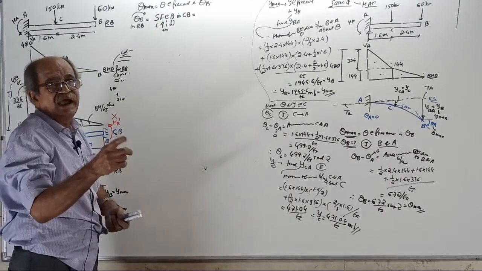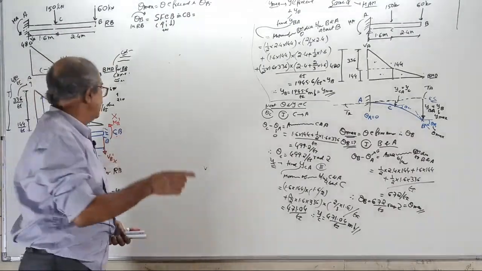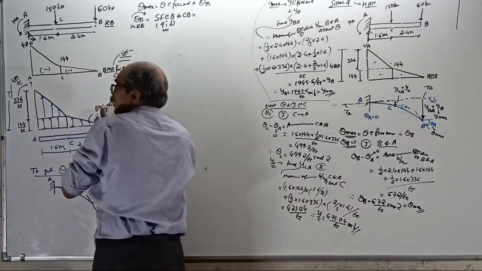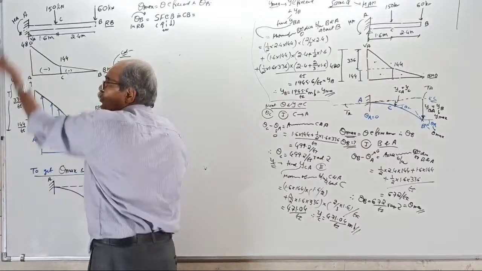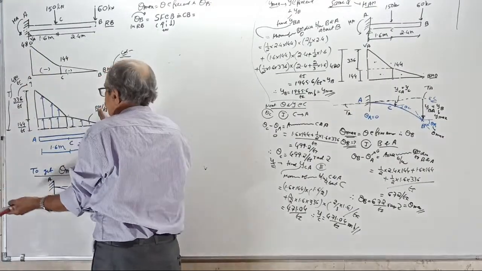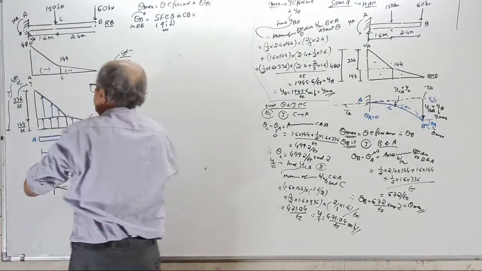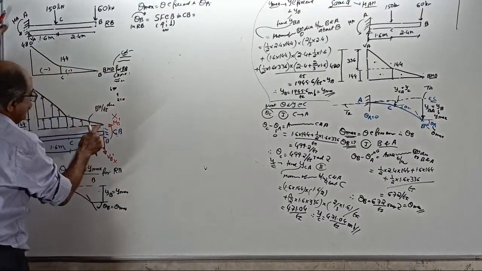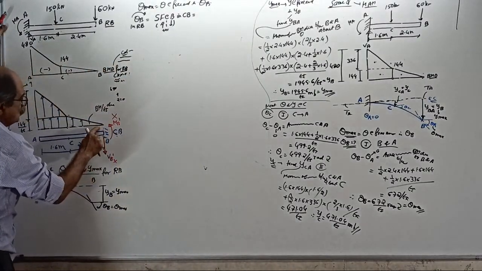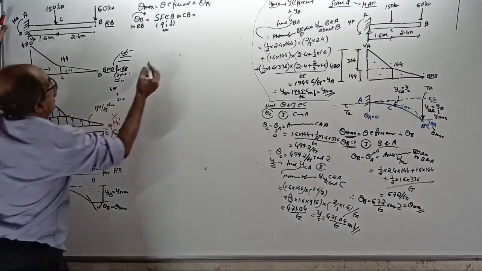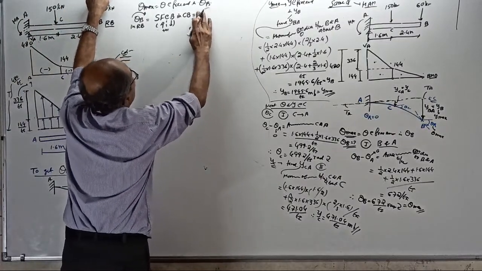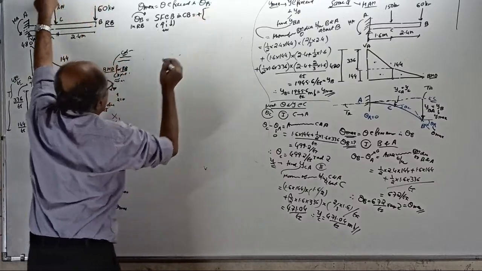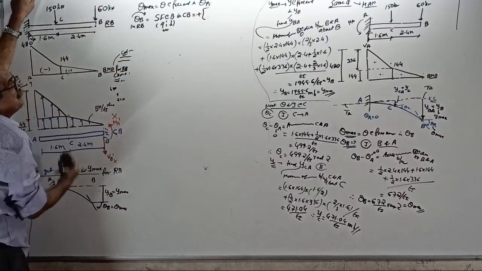Shear force is reaction. Reaction you are not considering. So for shear force at B, look at this side. Left side up is positive. A thousand times I told you, shear force, left up is positive. Start from here: half into 2.4 into half, all positive. Why? Everything is positive. Because left up is positive.